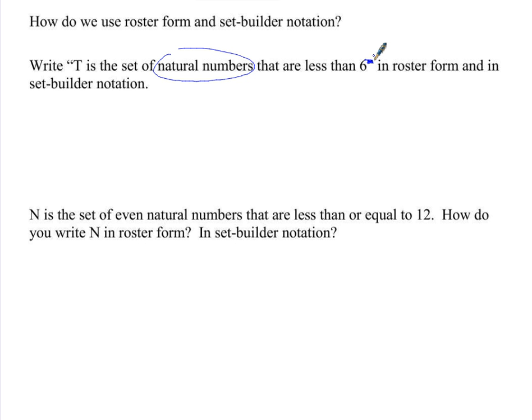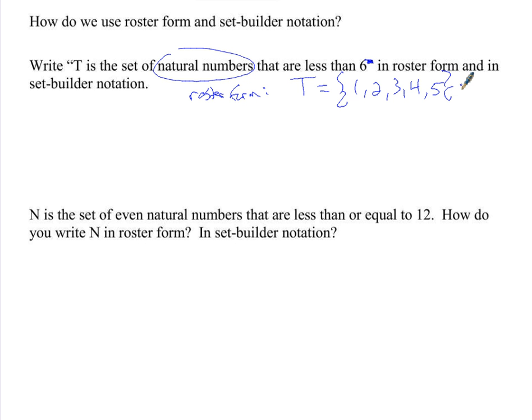So roster form of this would be T equals, squiggly bracket, the natural numbers that are less than 6. 1, 2, 3, 4. What about 5? What about 6? Why not 6? Yeah, because it says less than. It doesn't say less than or equal to.